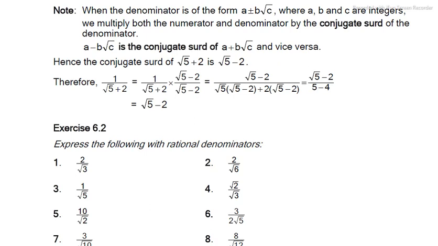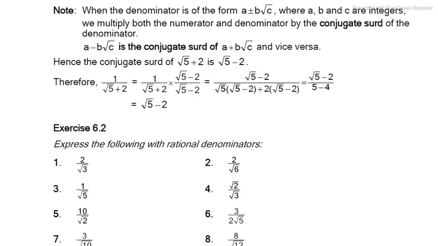Then also the plus 2 multiplies the second bracket, where we have plus 2 into root 5 minus 2. And when we simplify, we end up with 5 minus 4, giving us 1. And remember, any number divided by 1 is that very number. Therefore, our final answer is root 5 minus 2.